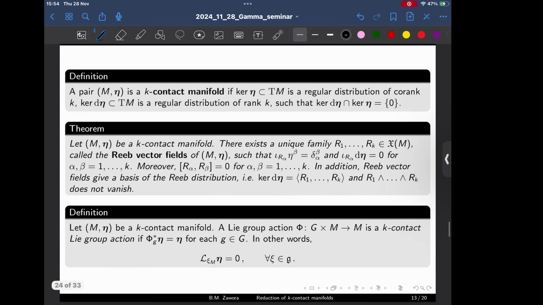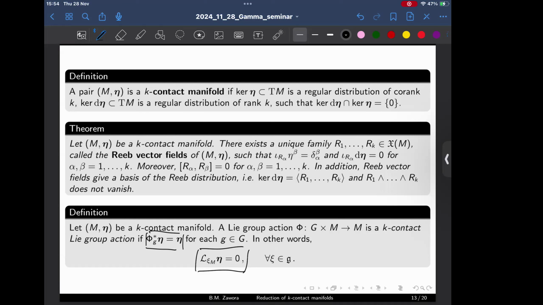And again, since we want to perform a reduction, we need to have symmetries. So a Lie group action on M is a k-contact Lie group action if it leaves the k-contact form invariant for every element in G. In other words, for a compact Lie group, we can write that the Lie derivative of the bolded eta with respect to the fundamental vector field is equal to 0 for every element in G. And now you may ask, but what if k equals 1?